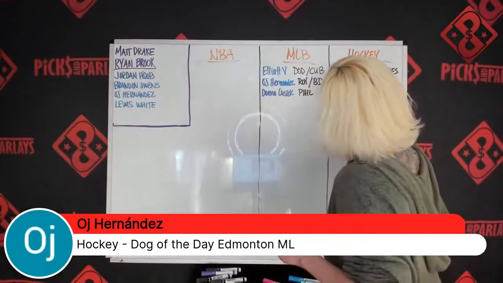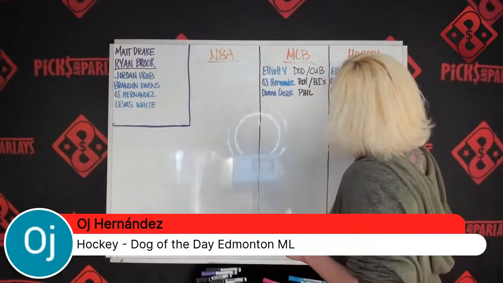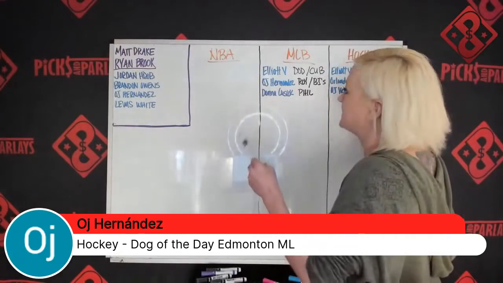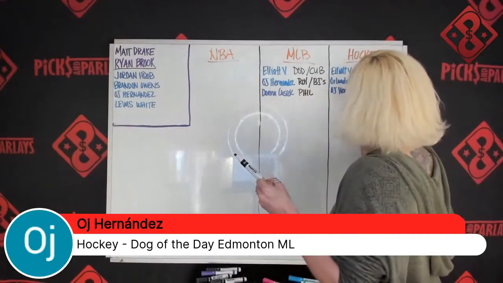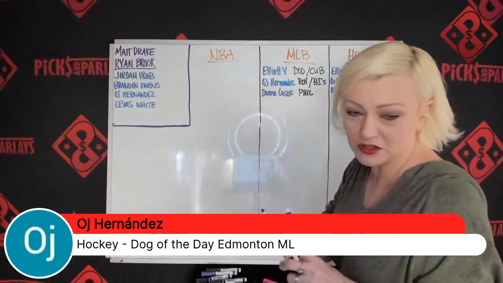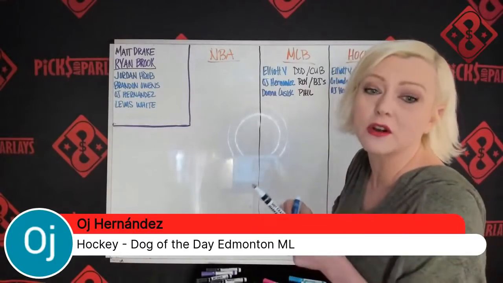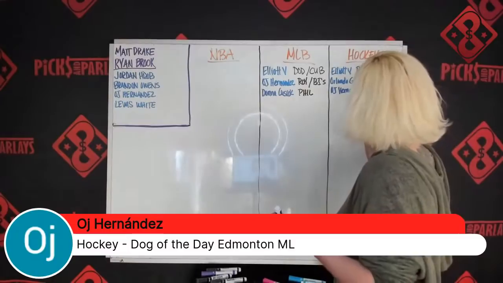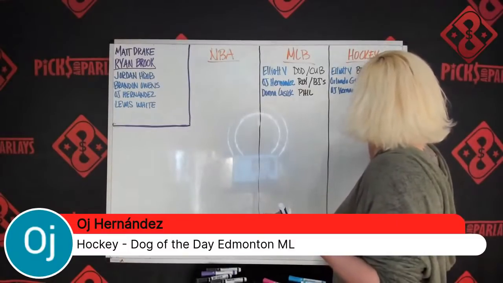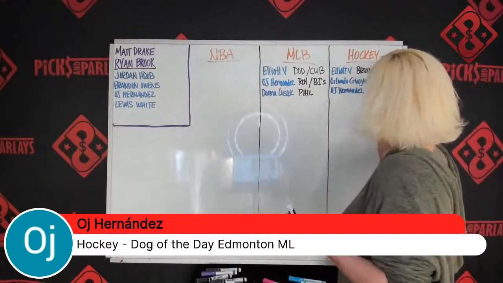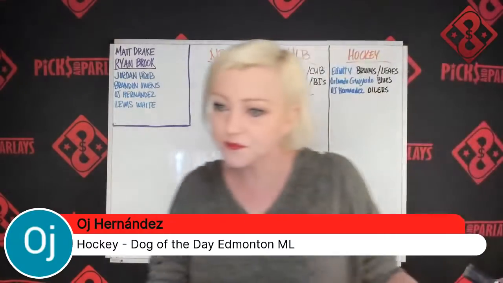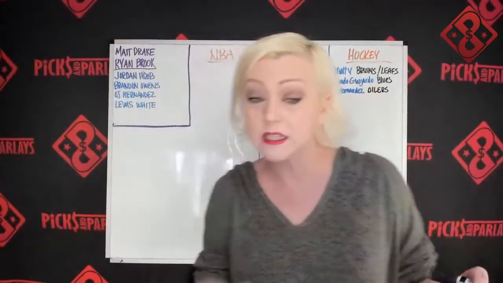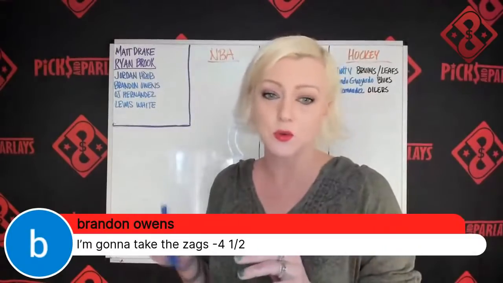Yep, everybody lost. But I did take Matt and Ryan's plays and cashed on those. But I did also take the Warriors and the Sixers. I laid off the Nets because the Nets had already started by the time I was going. Oilers. You're going with the Zags. These are supposed to be NBA. Do you guys just want to put in your college?